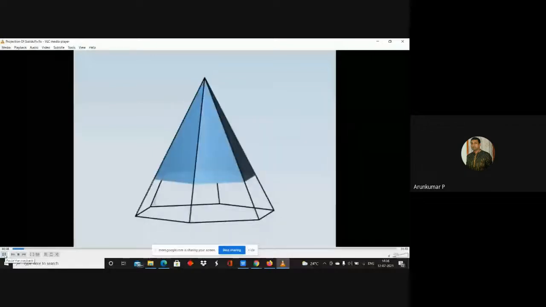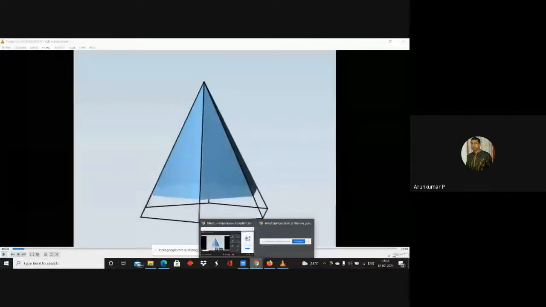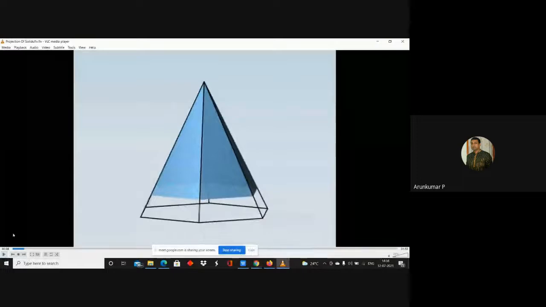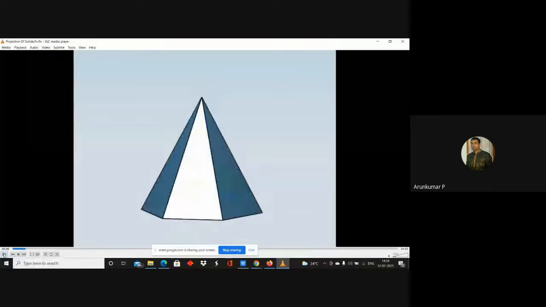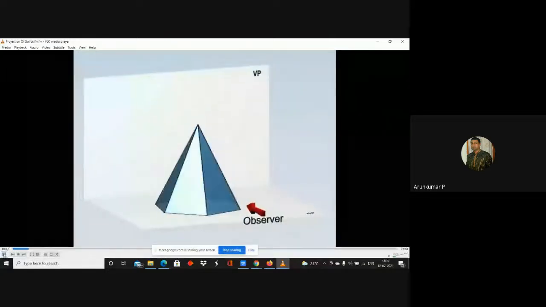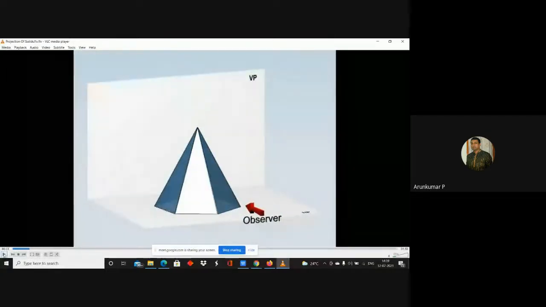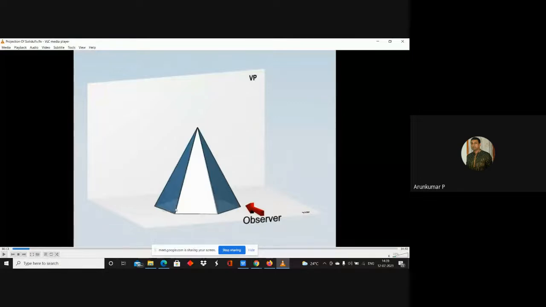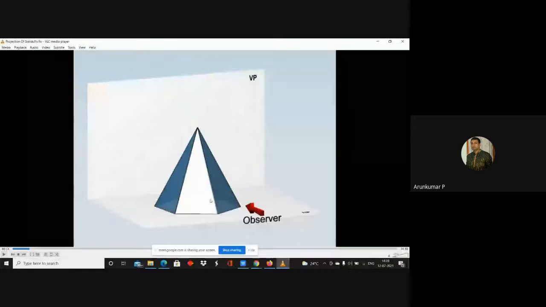Yes, sir. Okay. So what you see here is a hexagonal pyramid which is resting on HP. As you can see, vertical plane and horizontal plane. The base of the hexagonal pyramid is resting on HP.